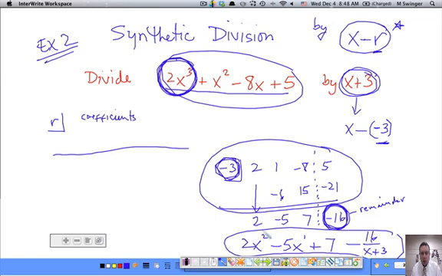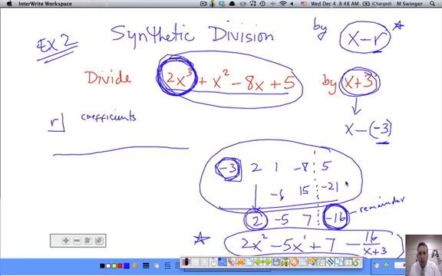Okay, so it's always 1 degree less. Remember that. Just a couple tips. Write that kind of stuff down. So this first number is always 1 degree less than the original right here. Okay? So 2x squared minus 5x plus 7 minus 16 over x plus 3 is your remainder. And this is your final answer.